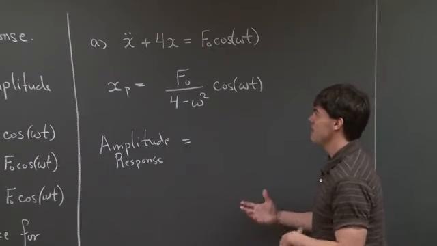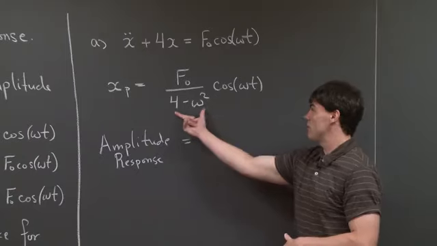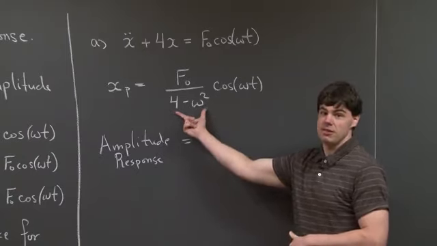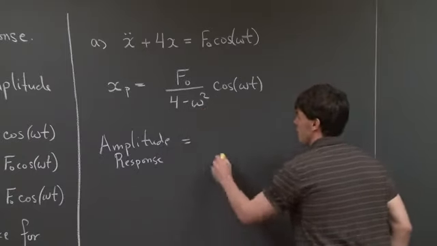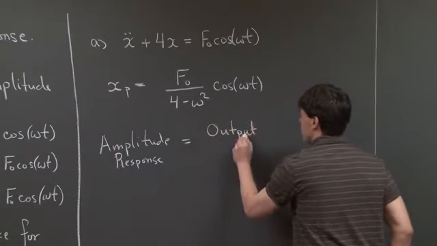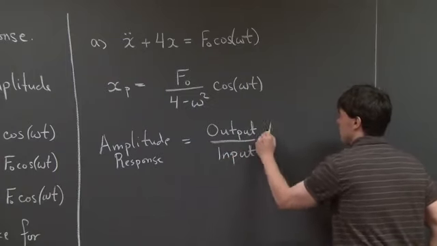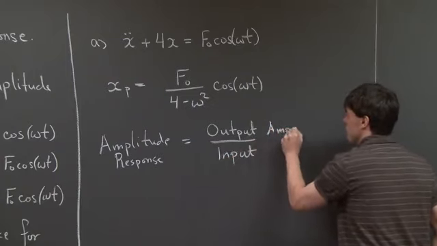So in the case at hand, we have the output is a sinusoidal function whose amplitude is f naught divided by 4 minus omega squared. So it's the output divided by the input. These are both amplitudes.